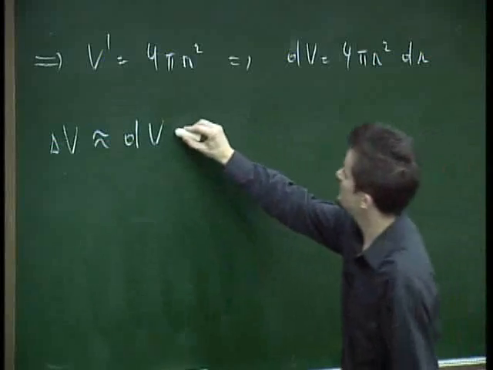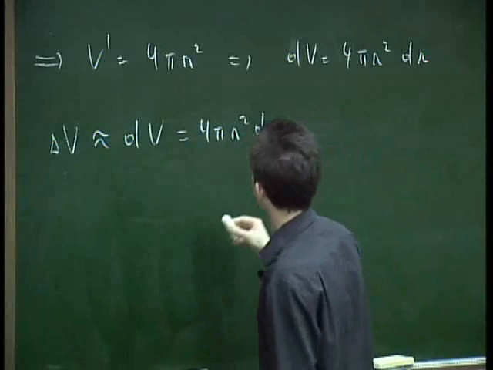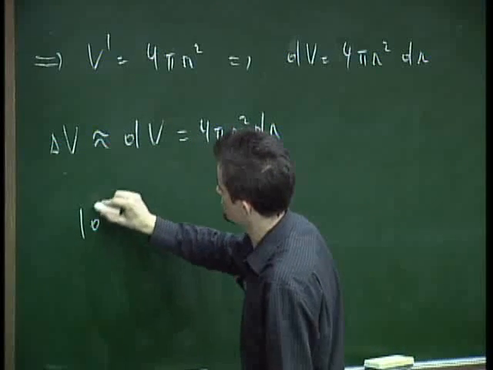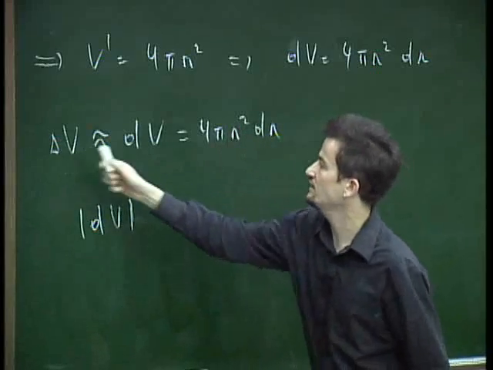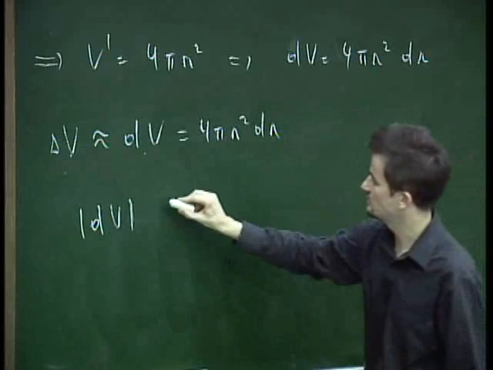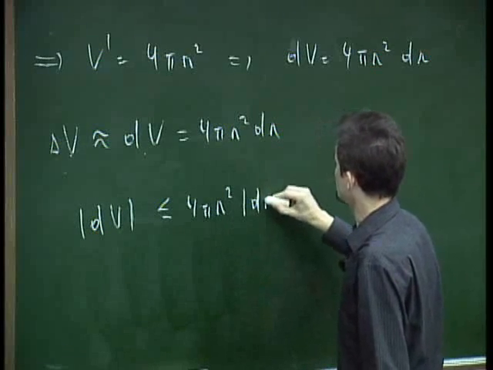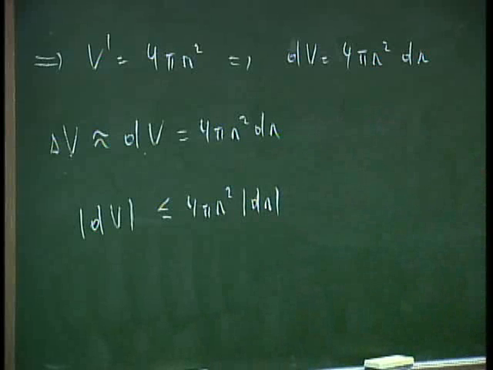But dv is 4 times pi times r square times dr, and you can bound the error. If you replace the original one by this one, you can bound it by 4 times pi times r square times the bound of dr, which is 0.005. And you plug everything in and compute it.